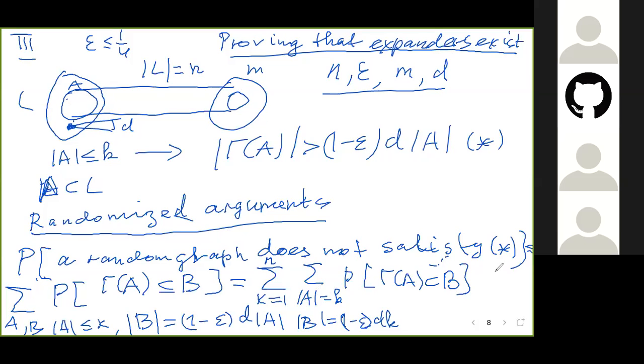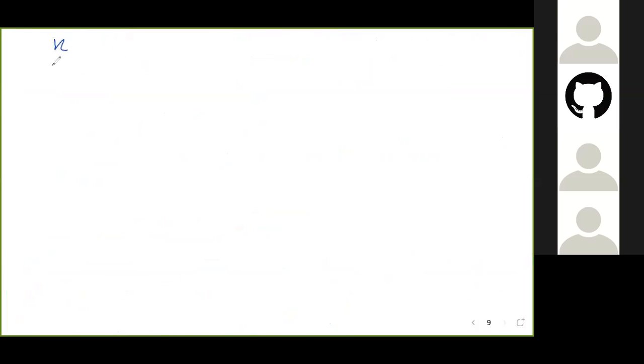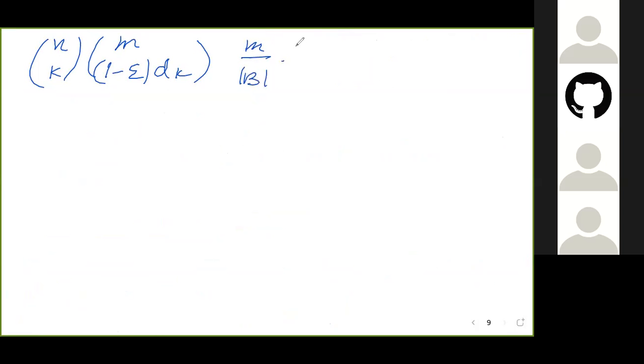And so we will obtain here at most the number of terms, which is n choose K, times m choose (1 minus epsilon) D K. And here is the probability that for a particular left node, all its neighbors fall in B. And this is the size of B over m times the size of B minus 1 over m minus 1, and so on.